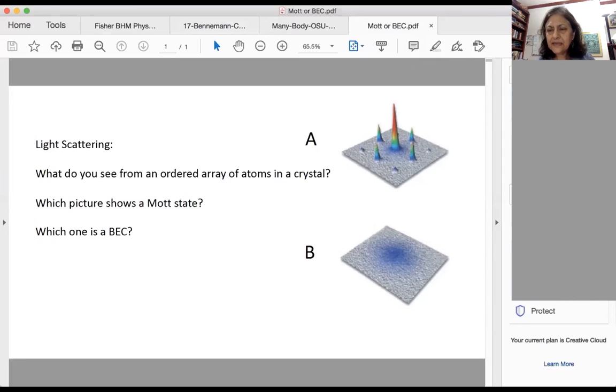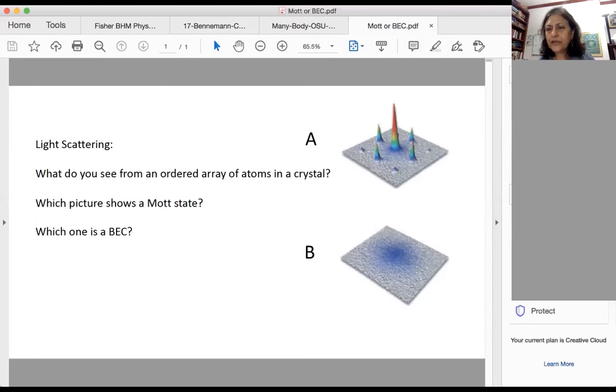So as I said, it's a light scattering experiment. You have some system, you shine light on it, light interacts with that matter and scatters, and you observe the scattered intensity. Well, it's light scattering, so you're detecting as a function of angle.